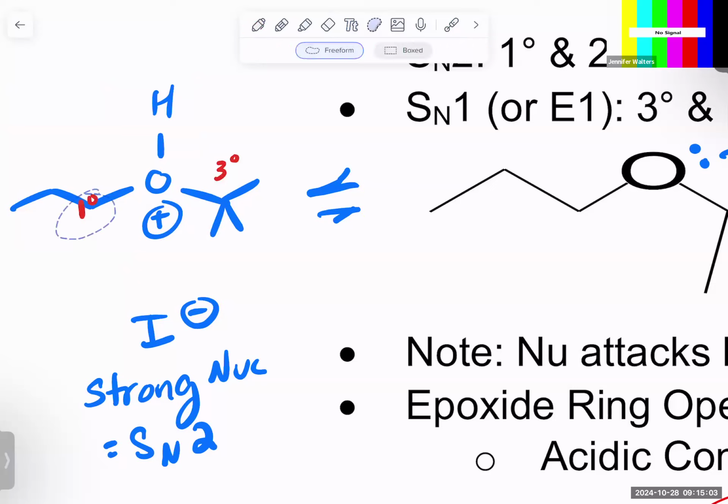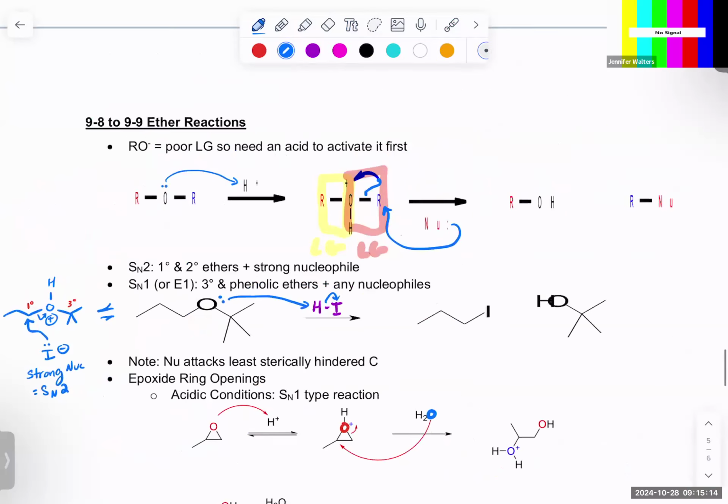So because I want to do SN2, because I have the strong nucleophile, the iodide is going to attack the primary carbon side and kick out the leaving group to give me those products. My 1-iodopropane and my, what would that be? 2-methylpropan-2-ol. So when we were doing that SN2, the nucleophile attacked the less sterically hindered carbon, because sterics is the big thing that we're looking for in SN2.